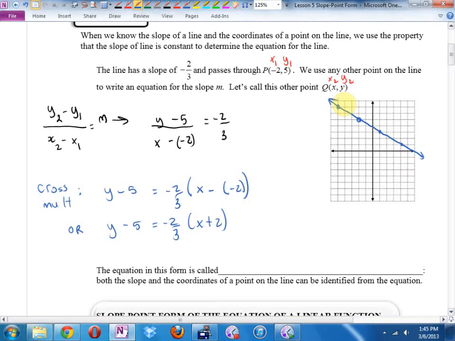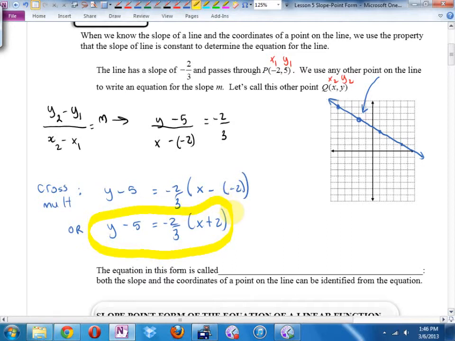Here's what I want you to notice. Take a look at this line. What's the slope? -2/3. And what's the point that I knew that it went through? -2, 5. Can you see any of that hidden in here?